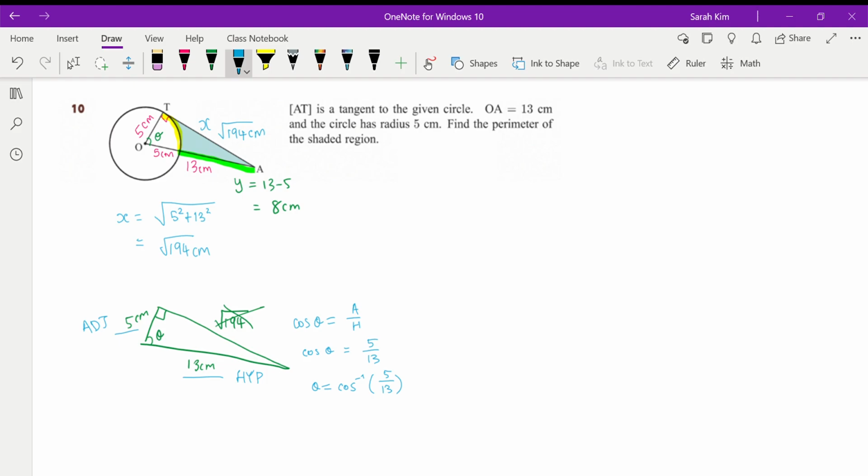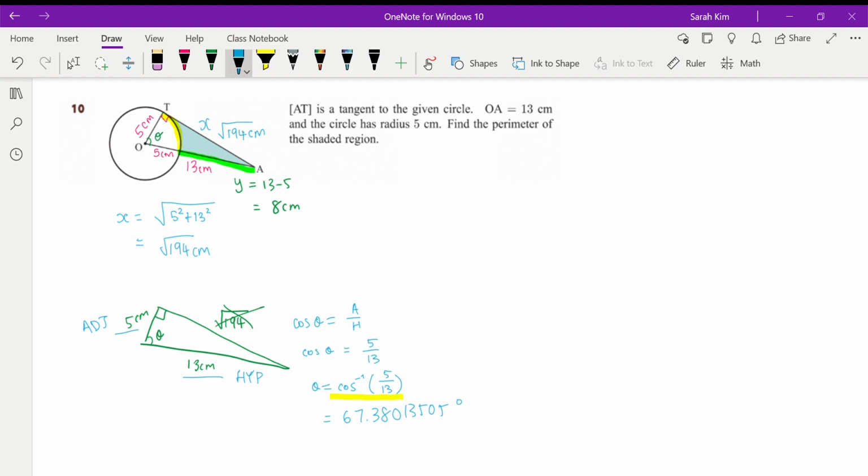It doesn't really matter as long as you stay consistent. I'm going to keep it in degrees. It's cos minus 1 of 5 over 13. I get 67.38013505.